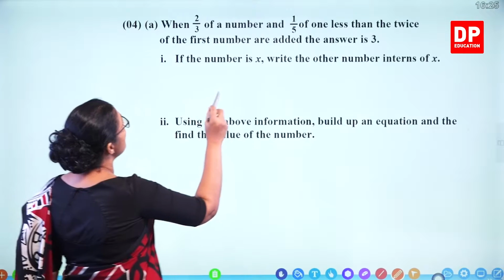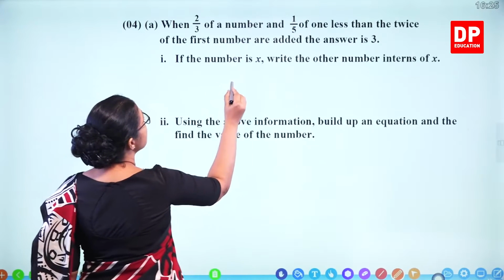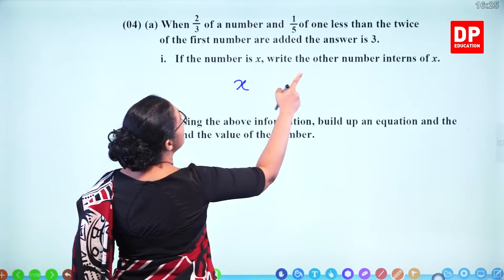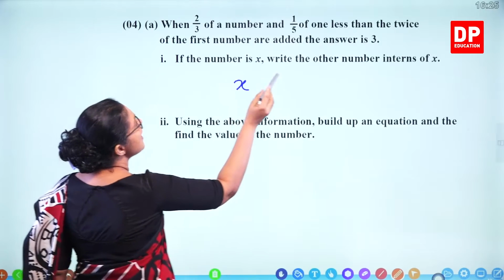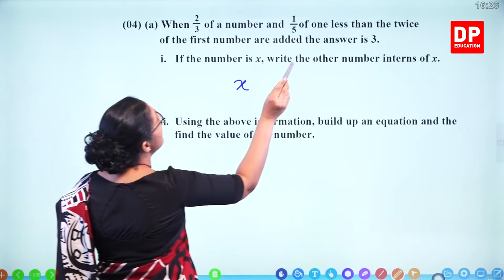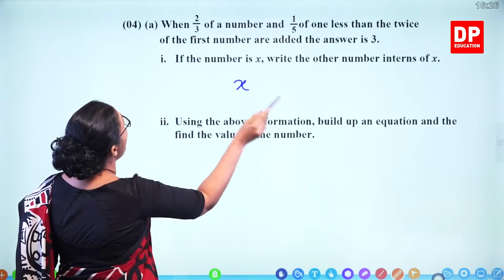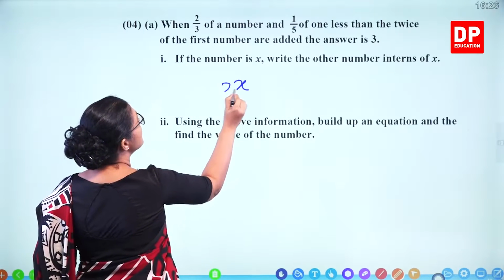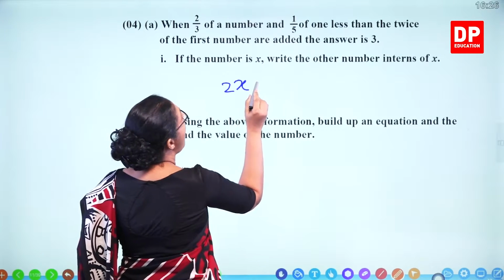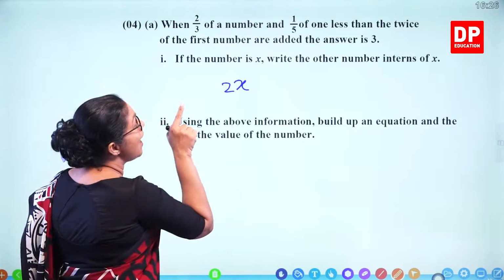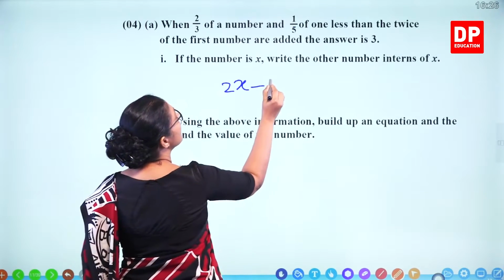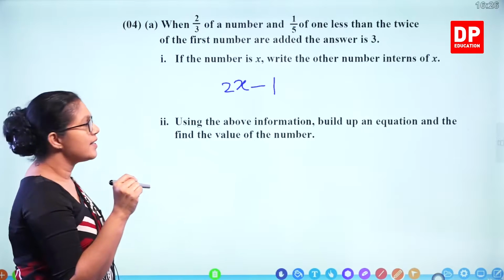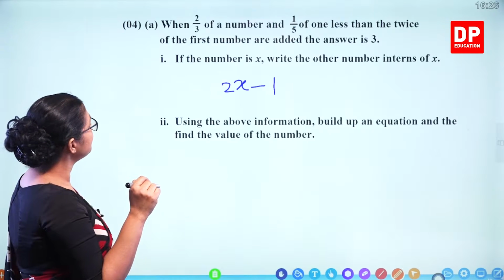So what is the other number? First number x multiplied by 2. It says the twice of the first number and 1 less than. So 2x minus 1 is the other number.